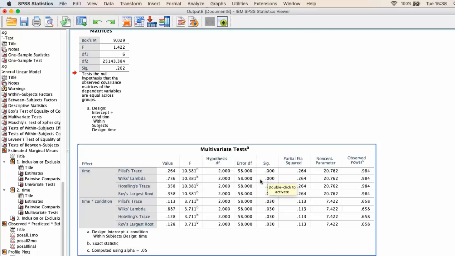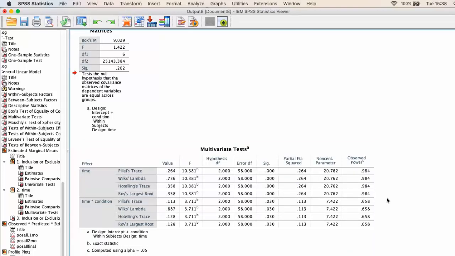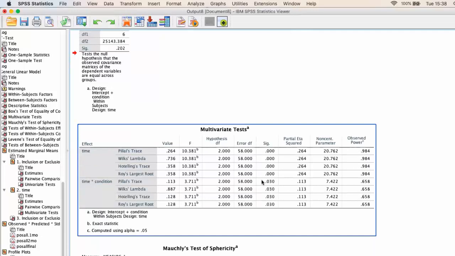You could say it appeared that according to the multivariate test, time had a significant effect on whatever outcome measure you're looking at. Then for time by condition, you could say according to the interaction effect, there's also a significant interaction between time and condition on the DV, and you just report the same statistic and talk about the significance.